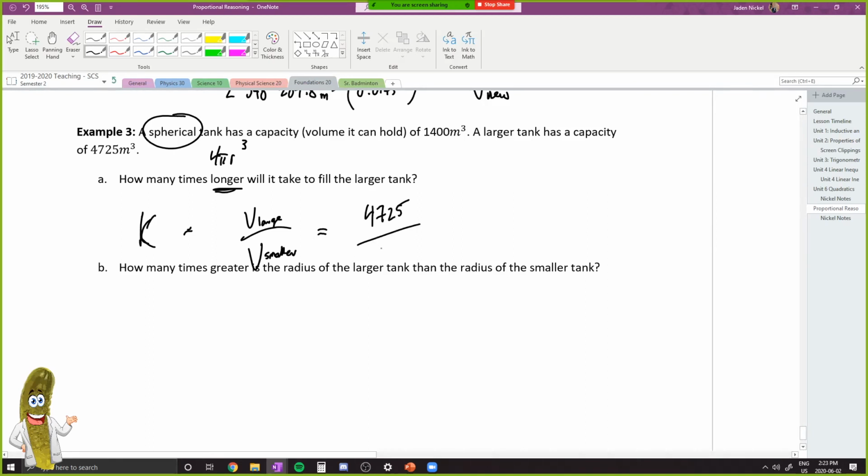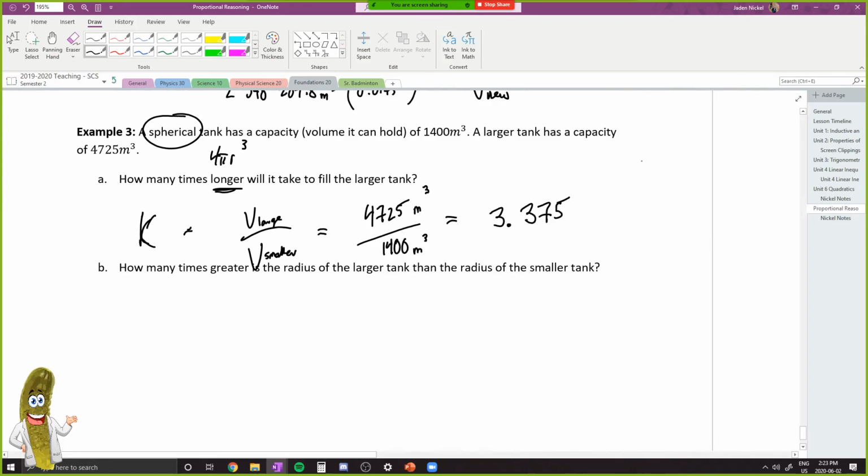4,725 over 1,400. And I guess I can put my units here, but because we have a meters cubed up top and on the bottom of our fraction, those will cancel out. And we end up with a scale factor of 3.375.